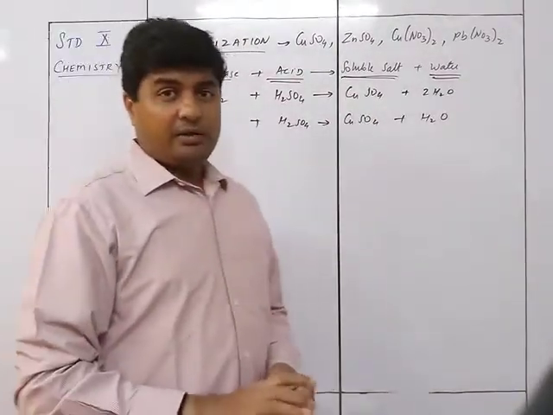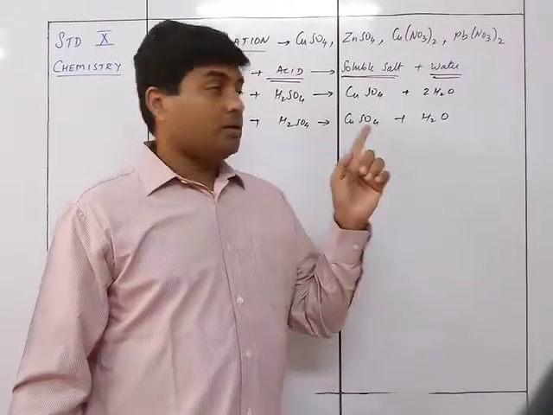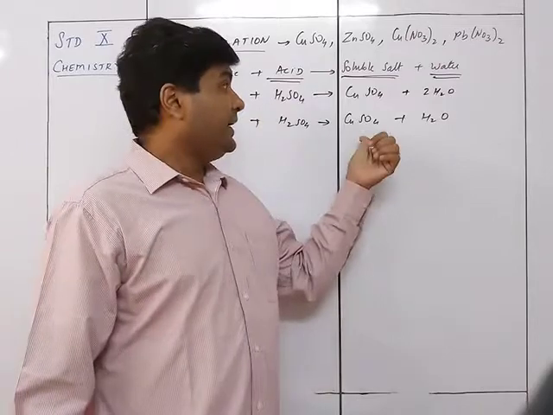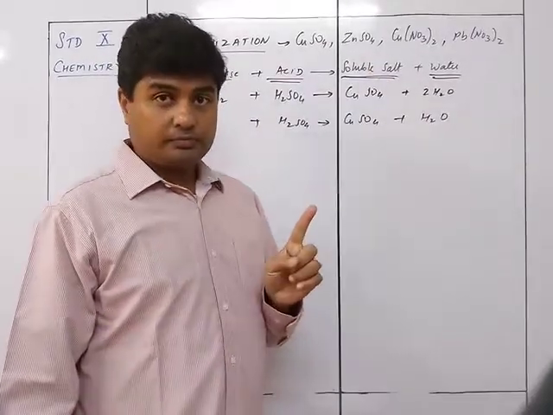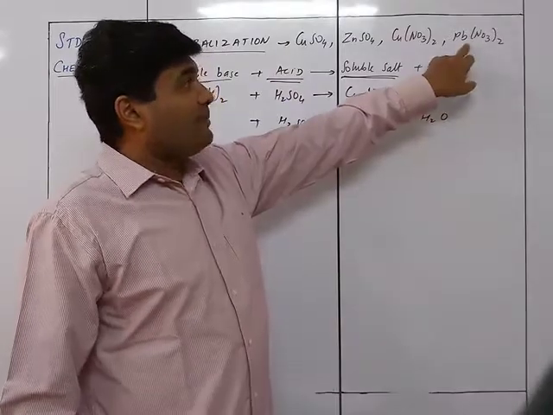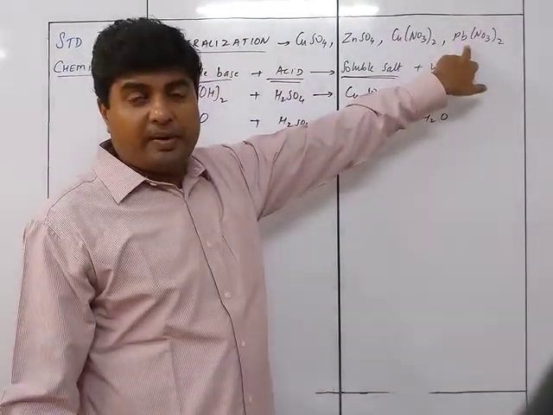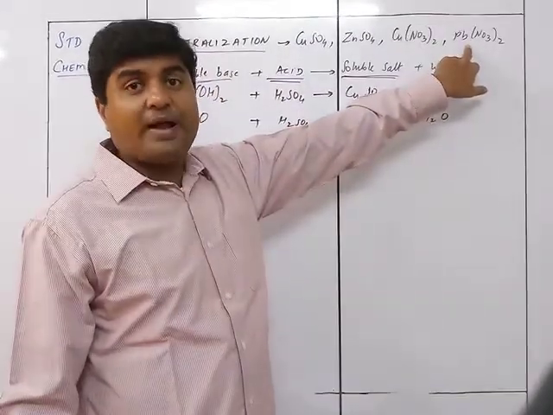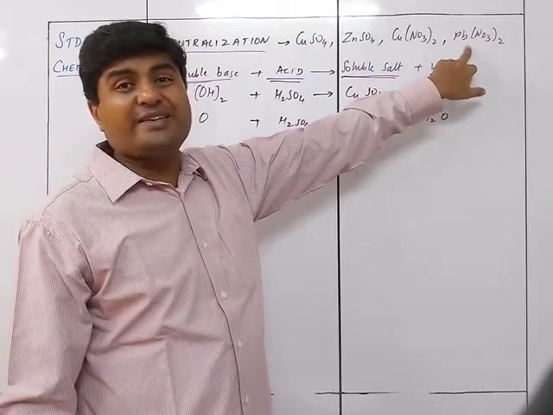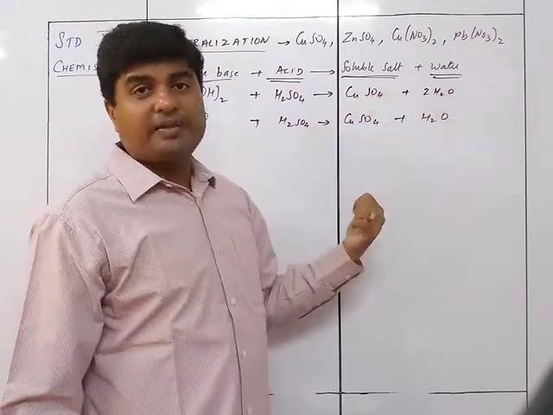Now, we had learned that all sulfates are soluble, hence CuSO4 is a soluble salt. You can see here we are not taking the example of PbSO4, we are taking Pb(NO3)2. Why NO3 and not SO4? Because PbSO4 is insoluble, so we cannot prepare it by this method.